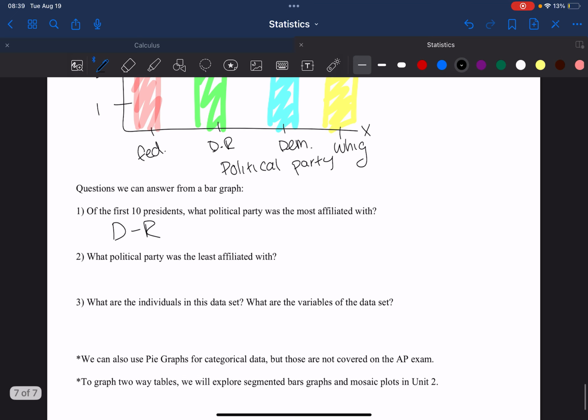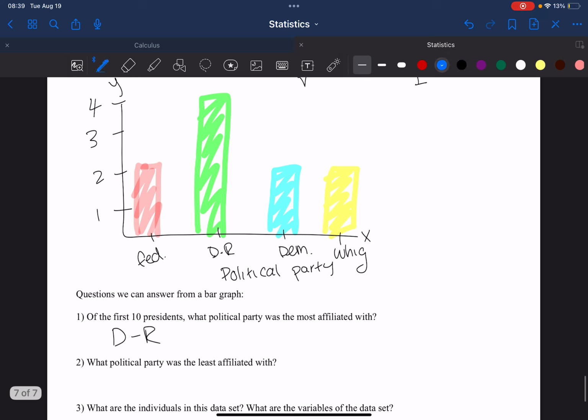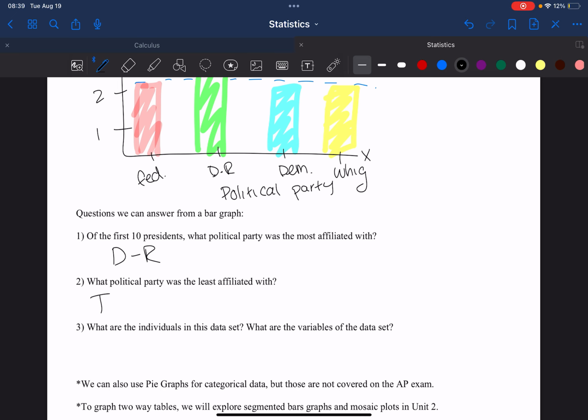Then it said, what political party was the least affiliated with? Well, notice that all of these right here are at 2. So we don't have just one that was least affiliated. We have a tie between Federalist, Democratic, and Whig.